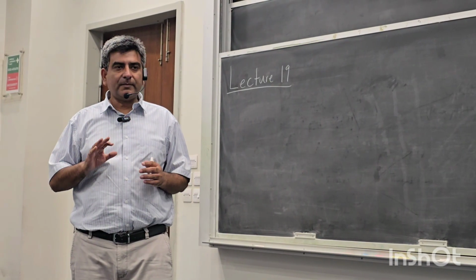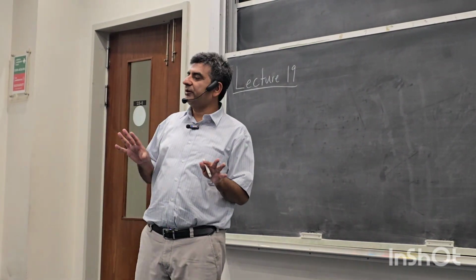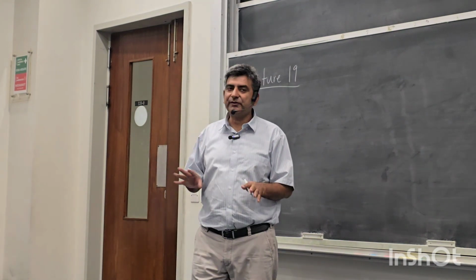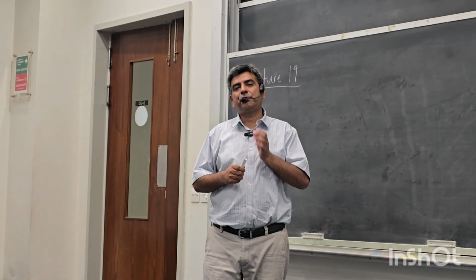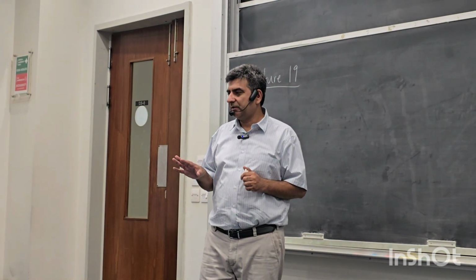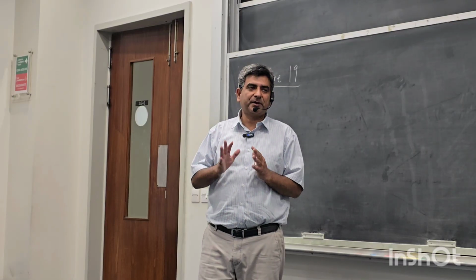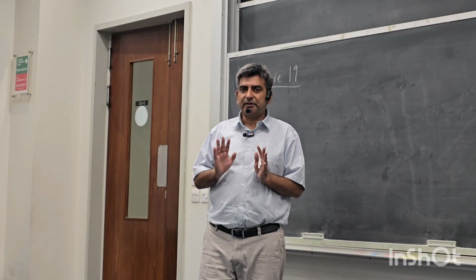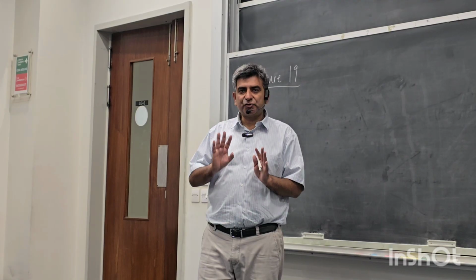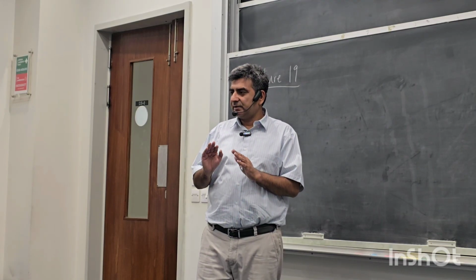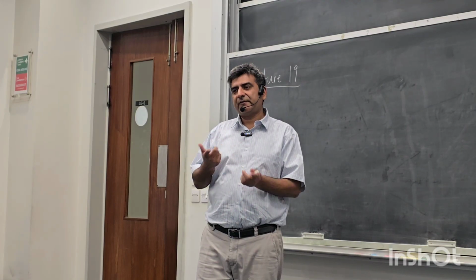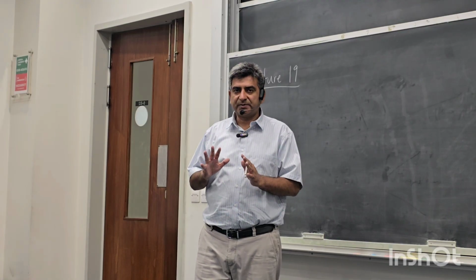And all of this is happening because of the Pauli exclusion principle, because these are fermions and no two electrons can occupy the same level. At the most, two electrons can exist at the same level and they must have opposite spins. That's the Pauli exclusion principle.